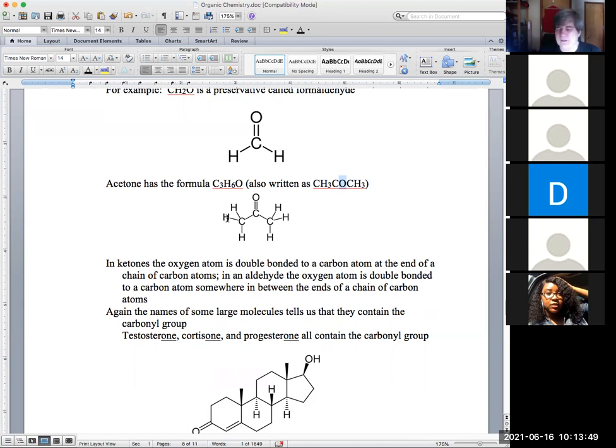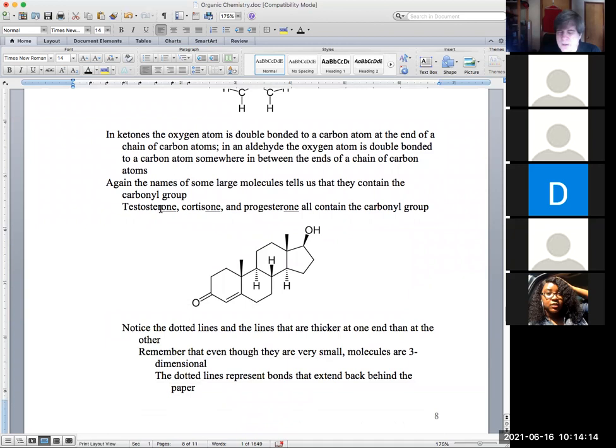In aldehydes, the double bonded oxygen is on one of the end carbons in the chain. So it's never in the very middle. And notice it doesn't have to be the exact middle. If we had 25 carbons in our chain, this double bonded oxygen could be on the 7th carbon. It would still be a ketone.